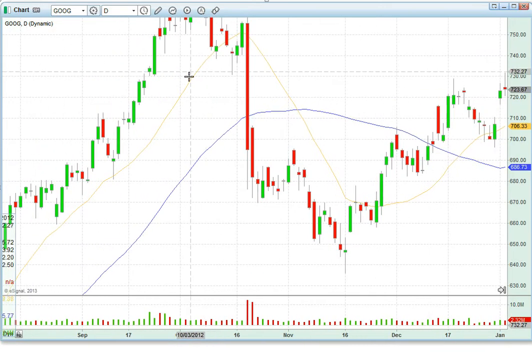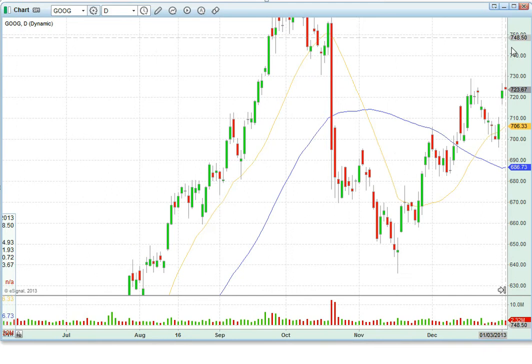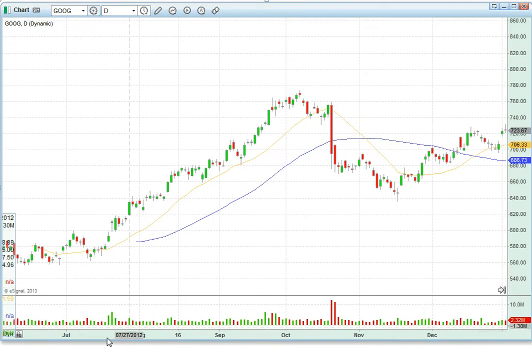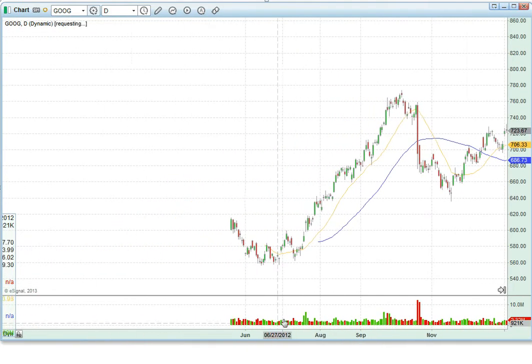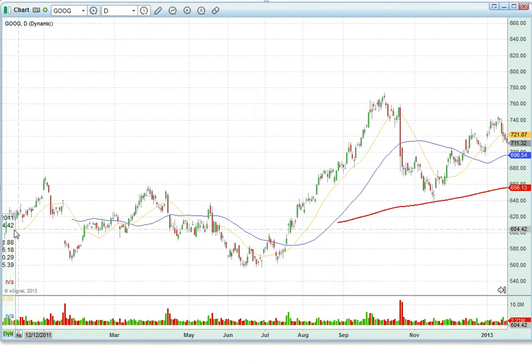Now if you look at this orange one, the 10 moving average, you will notice that a stock rarely gets far away from this orange moving average. And maybe it's not the best color, but notice how, I'll just draw it for you here, the stock tends to follow this 10 moving average.